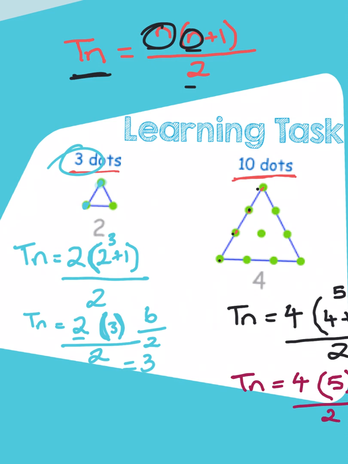So the next one is 4 times 5. 4 5s are 20, and then over 2, because I'm bringing this across to here. I've rewritten it just to make it a little bit clearer for you. And 20 divided by 2 equals 10.